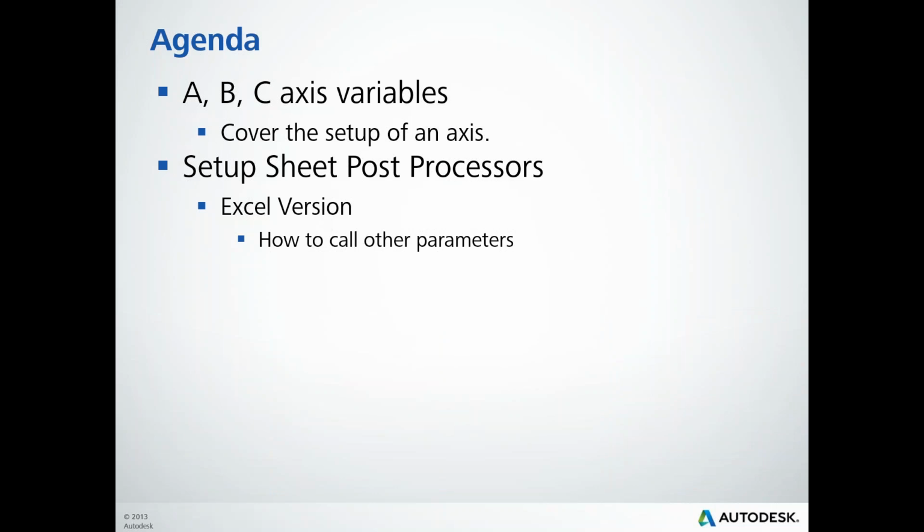And then for a change up, I wanted to look at setup sheet post processors and how we can use those. The one that we're going to look at the most is Excel, just because it's a really good starting point and it's easy to modify, and I like the Excel version better. So let's go ahead and start taking a look.